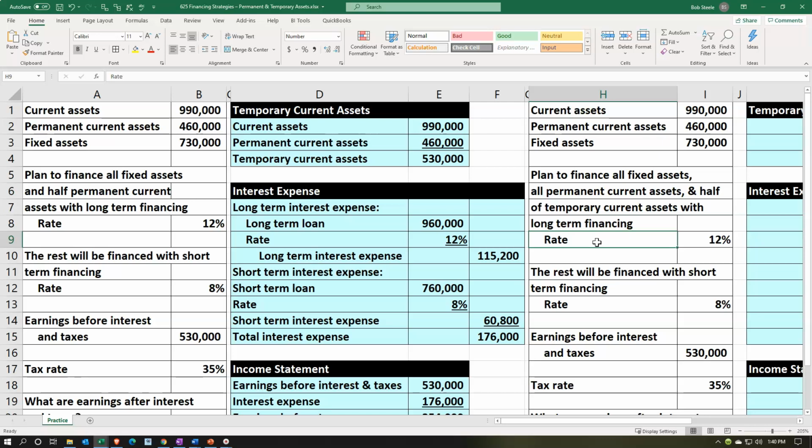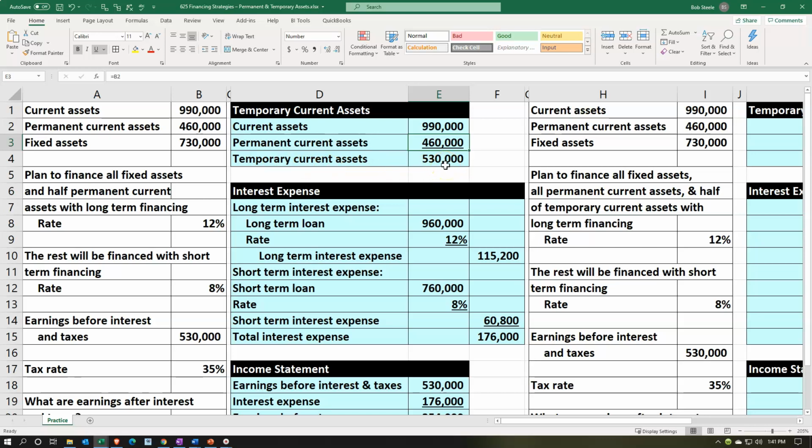But in any case, if you were to break this out, lining up directly the short-term and long-term loans to the permanent and temporary, you would think that you would be breaking out the long-term loan to the permanent current assets plus the fixed assets, and then the current temporary assets having the short-term loan.